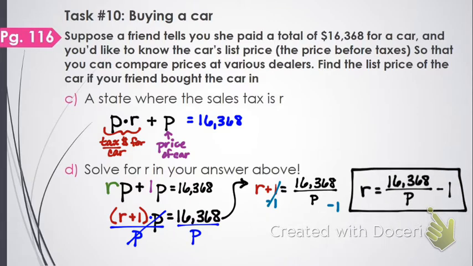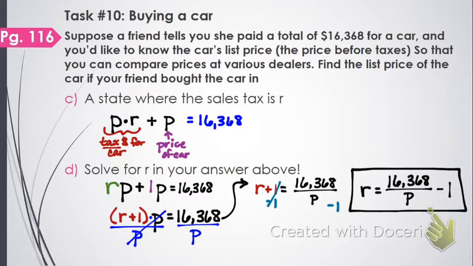Why'd you put the minus 1 in the back? Because I'm subtracting 1 from my fraction. I had my fraction first, and order of operations, if I actually had numbers to substitute in there, if I had a P in there, I would have to do that division first, and then I can do subtraction afterwards. So we're always going to do that.